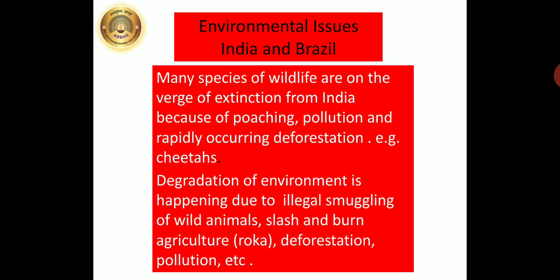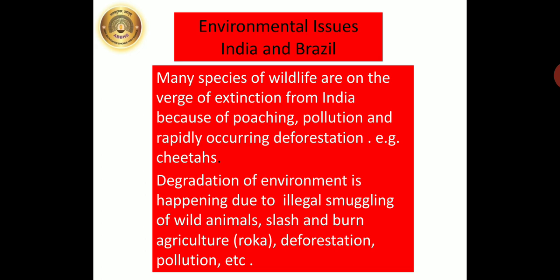For example, cheetahs are now on the verge of extinct. Degradation of environment is happening due to illegal smuggling of wild animals. The wild animals are smuggled for their skin, tooth, and nails.